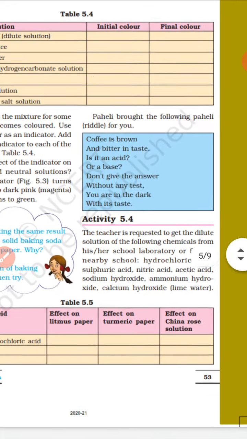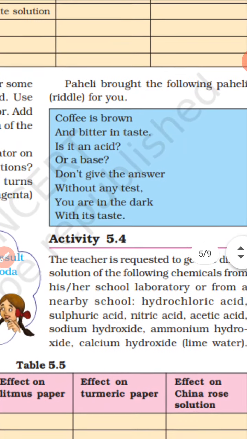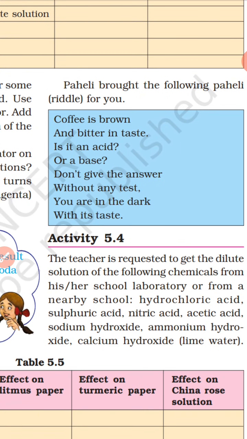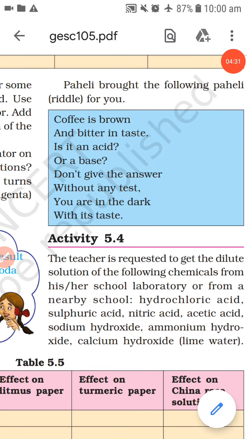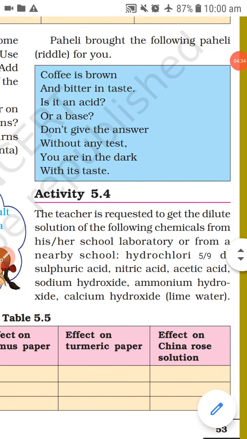Now see, this is a little bit written. Coffee is brown and bitter in taste. Is it an acid or a base? Don't give the answer without tasting. You are in the dark with its taste. Activity 5.4.